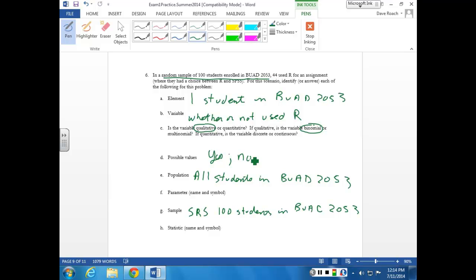In stats, we usually talk about proportion. So the parameter is the population proportion, which is P, and the statistic is the sample proportion, which is P hat.